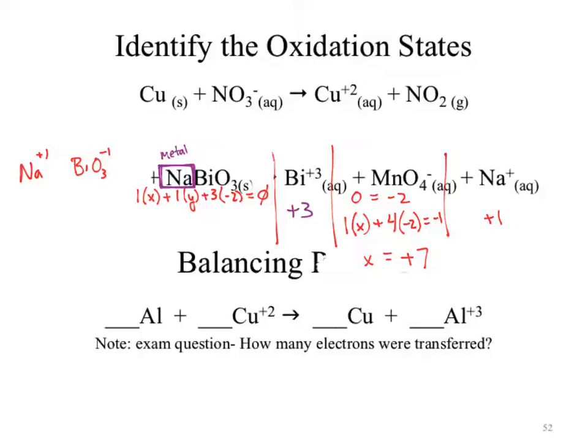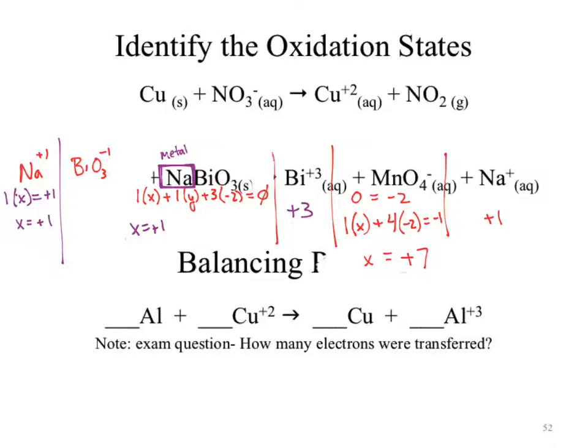Technically you don't have to memorize the bismuthate. The overall charge must equal 0, and I'm required to memorize sodium. What does that mean the oxidation state for the sodium is? X must equal +1, because I can now divide this into 2 subunits. I have 1 sodium times an oxidation state of X equals +1.